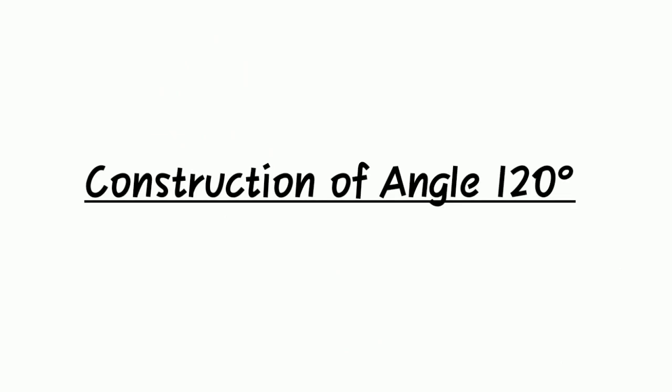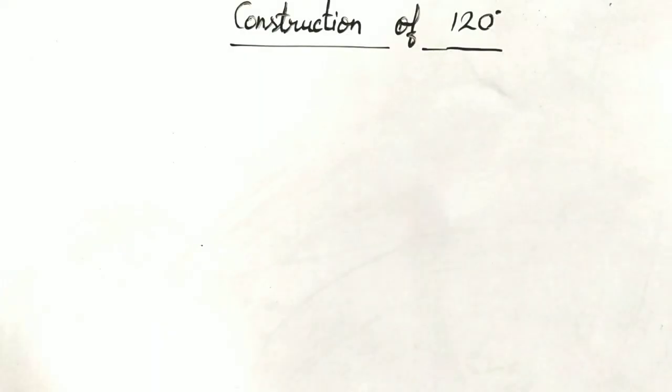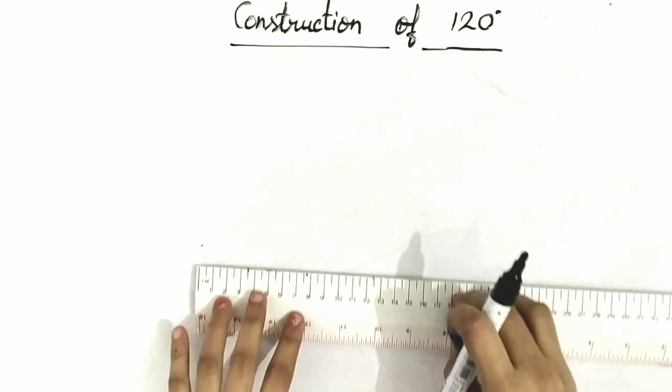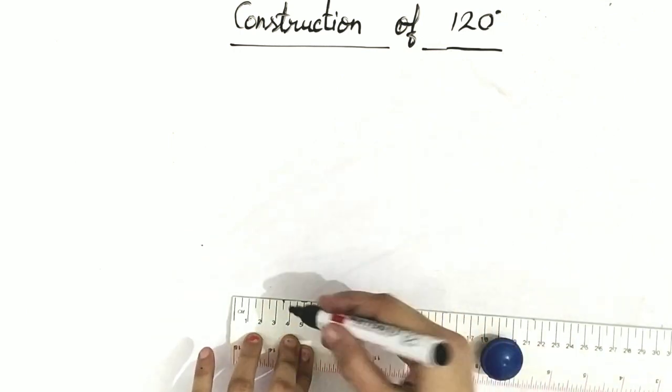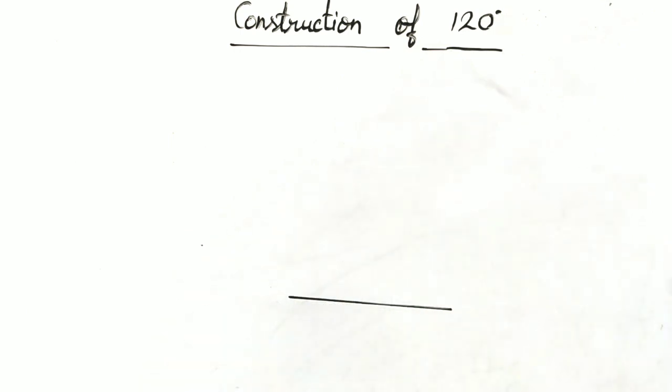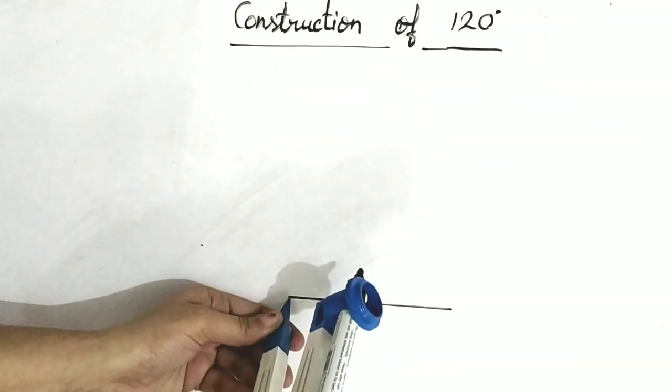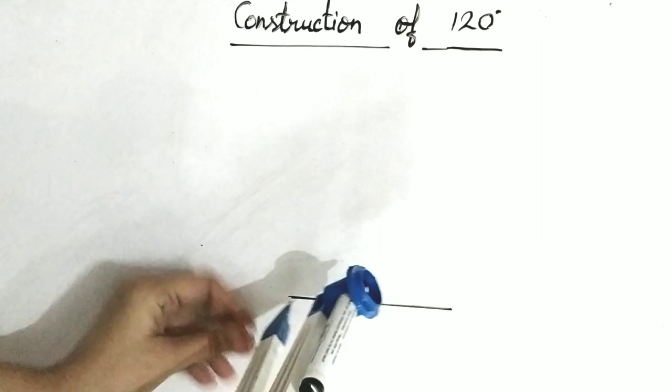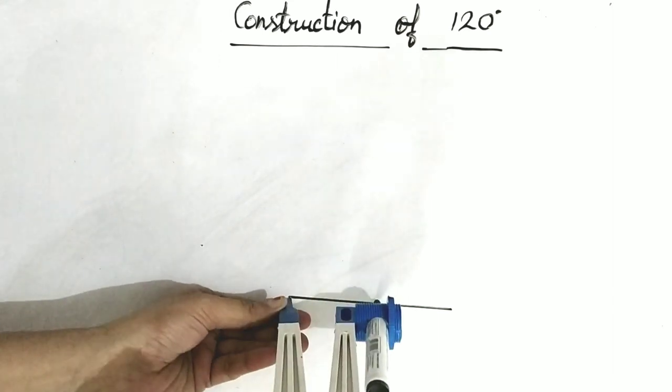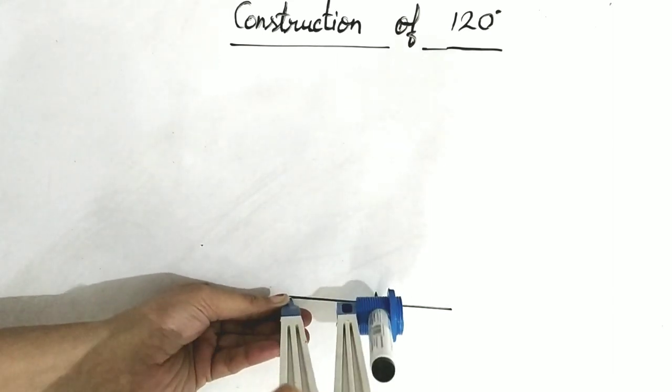Let us construct angle 120. For drawing this, let us draw a baseline. Now take a compass with some radius, any radius you can take here. Put the needle on the initial point of the baseline.